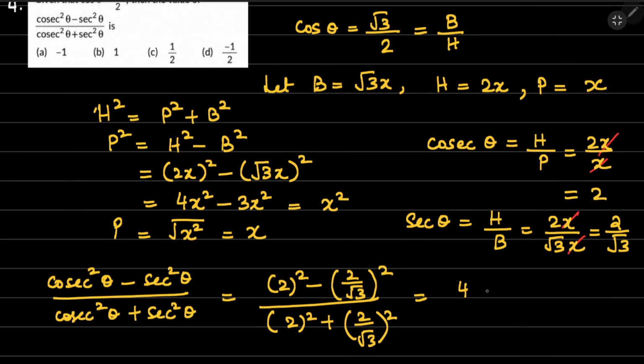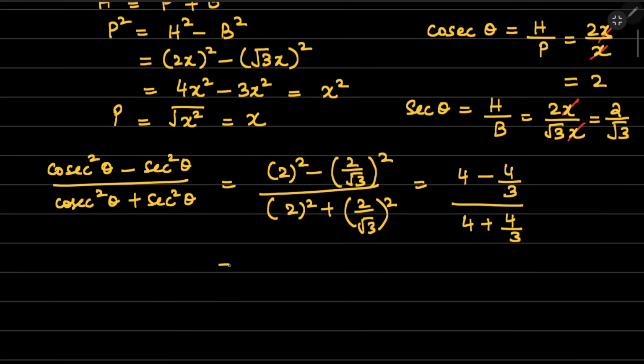So 2 square is 4 minus 4 by 3 whole divided by 4 plus 4 by 3. Take the LCM. So what would you have? So 12 minus 4 by 3 whole divided by 12 plus 4 by 3.